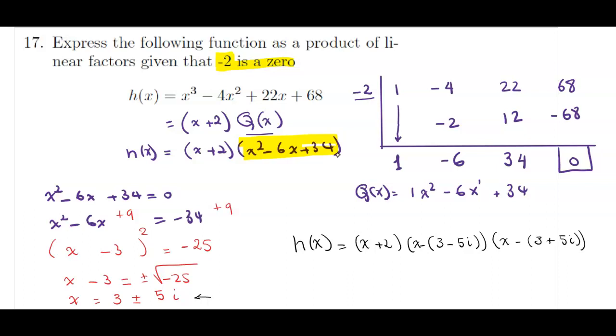Right, now once you're there, you can leave it like this, it is a valid answer, or you can distribute inside the parentheses of the second and third one. So it can be x plus 2 here, x minus 3 plus 5i, and here x minus 3 minus 5i. And that's all, guys.